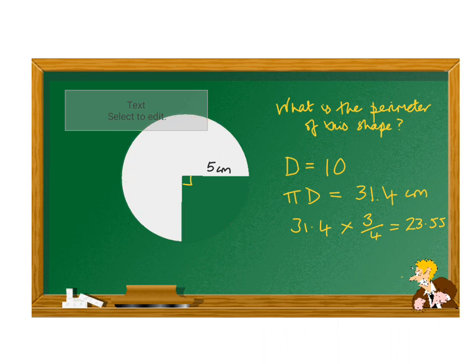But we've still got 2 of these. To find the perimeter of this Pac-Man shape, we've still got 2 of these. There's a 5 and a 5. So we've got to add on 23.55 plus 5 plus 5, and that will make the perimeter of this shape. So running from, say, start here, running from there, down there, around there, and back here, the perimeter, let's call it P, is 33.55 centimeters.